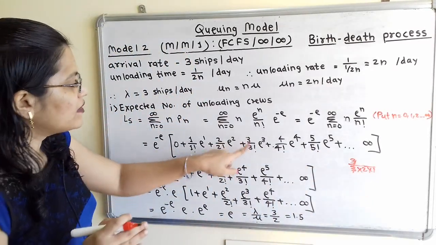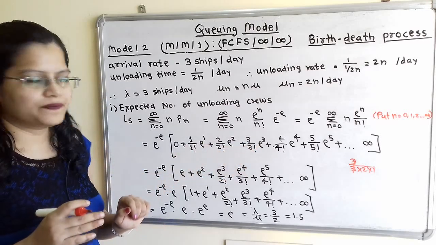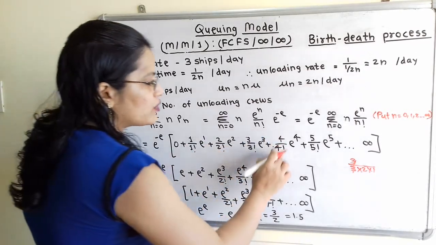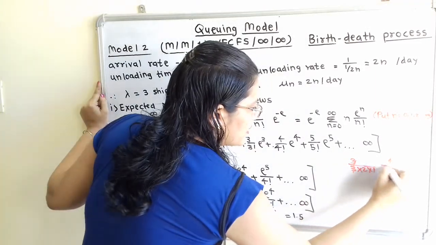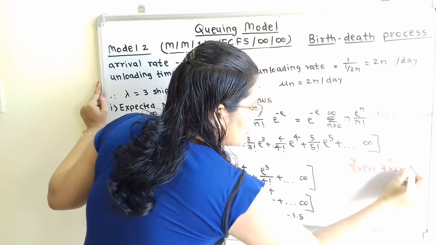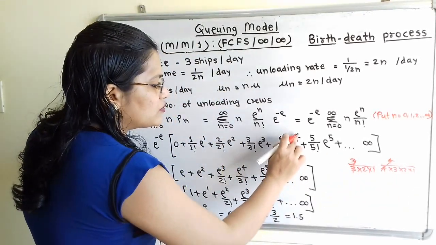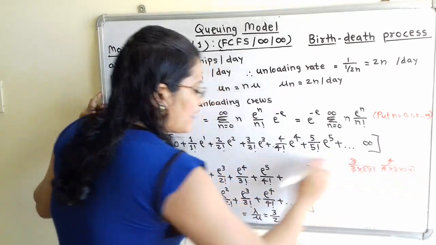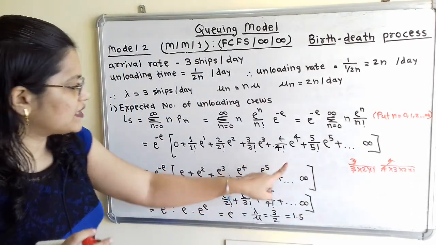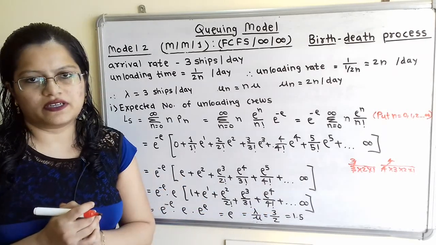So we write rho cube by 2 factorial. In the same way, 4 by 4 factorial is 4 divided by 4 into 3 into 2 into 1, so the 4 is cancelled and we get rho raised to 4 divided by 3 factorial. In the same way, rho raised to 5 divided by 4 factorial, up to infinity.